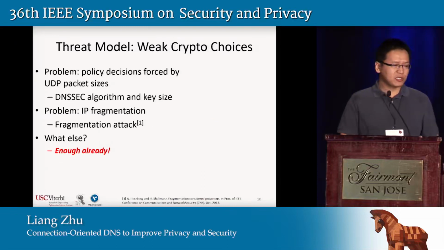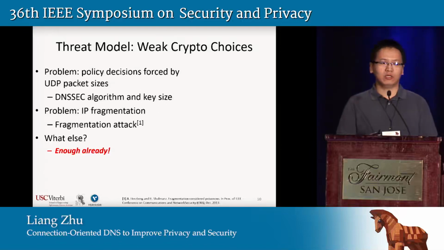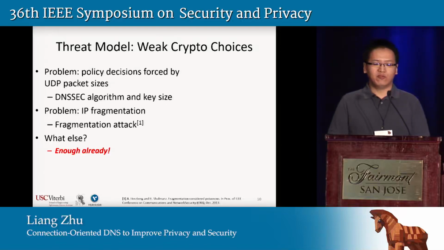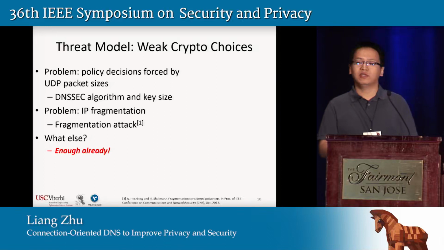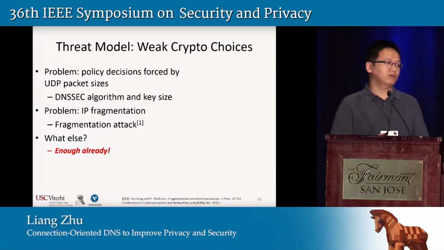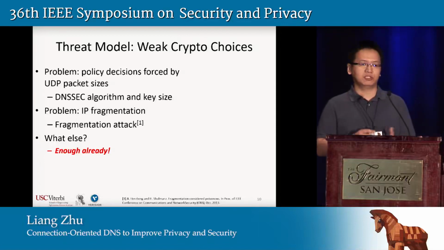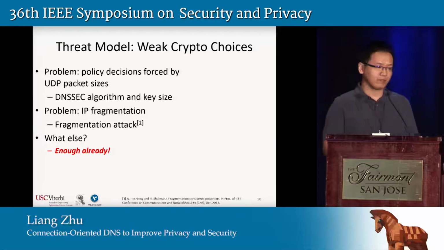The third threat is weak crypto choices. For a long time, policy decisions have actually been driven by the UDP packet size. For example, there was a discussion about how large a DNSSEC key should be. It's not acceptable to use a smaller key with less security just because of the packet size limit.